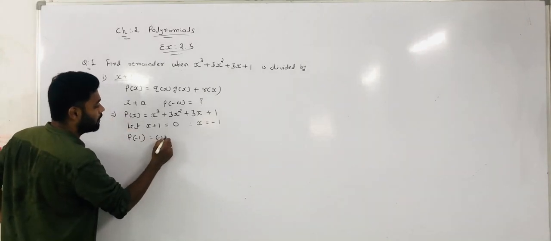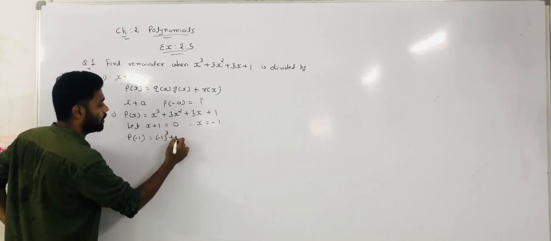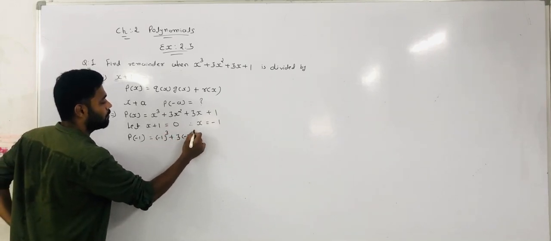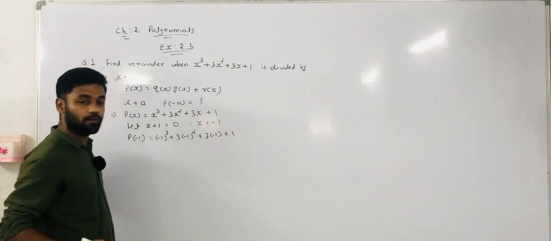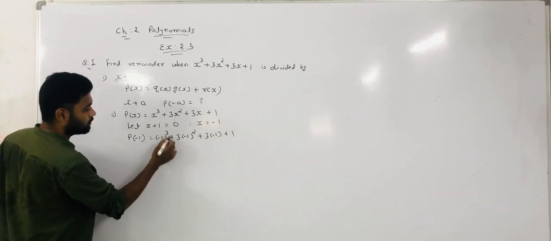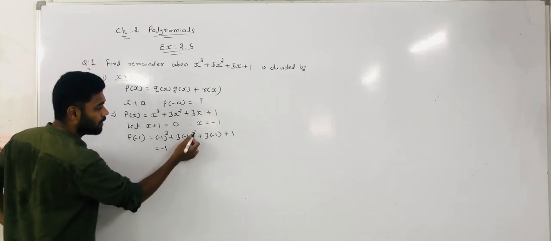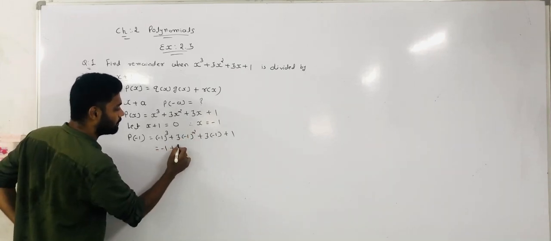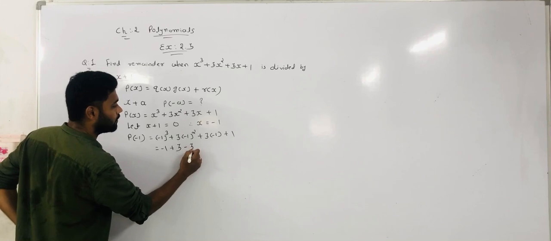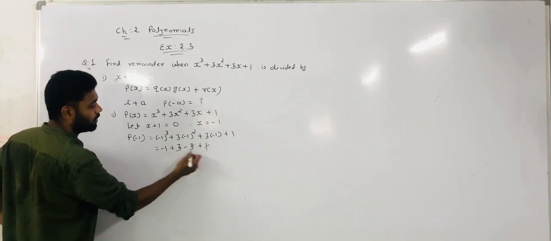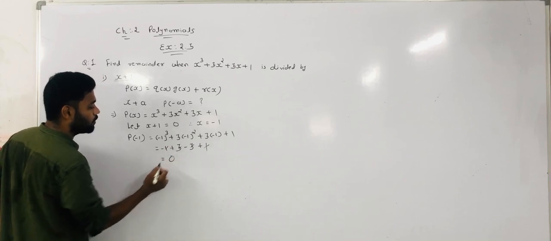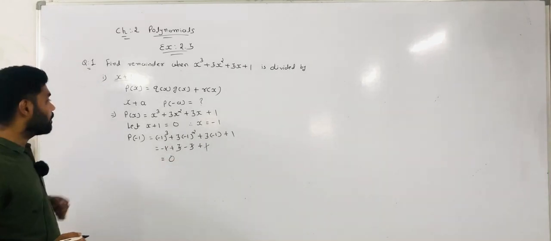So you will get minus 1 cube plus 3 into minus 1 square plus 3 into minus 1 plus 1. So minus 1 cube is minus 1, minus 1 square is plus 1, 3 into minus 1 is minus 3, plus 1. So minus 1 and plus 1, minus 3 and plus 3 will be cancelled out. So p of minus 1 equal to 0.